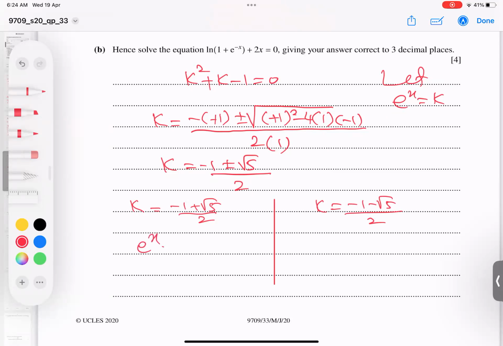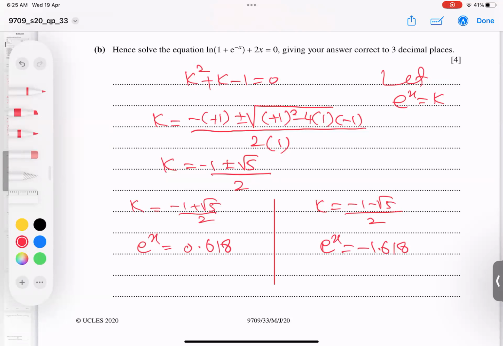E to power x is equal to, okay, now check which value is positive and which value is negative. So the first answer I'm getting with the plus sign is 0.618, and the second value is e to power x equal to negative 1.618. Why did I find decimals?